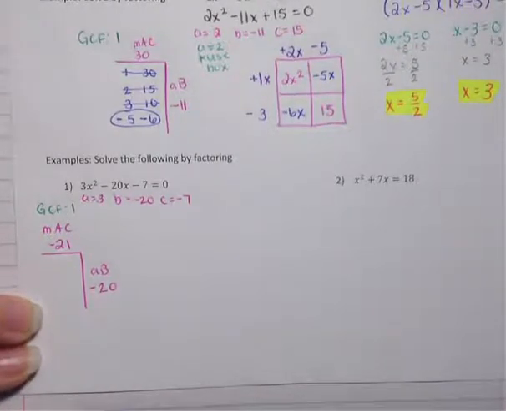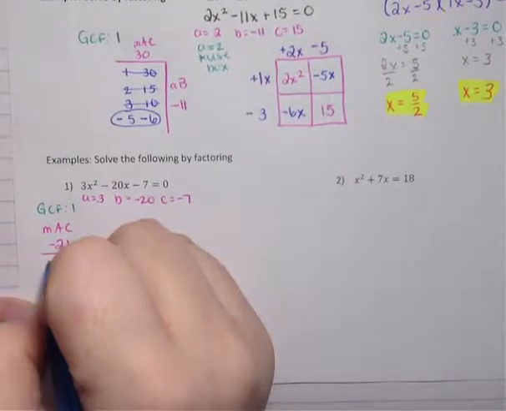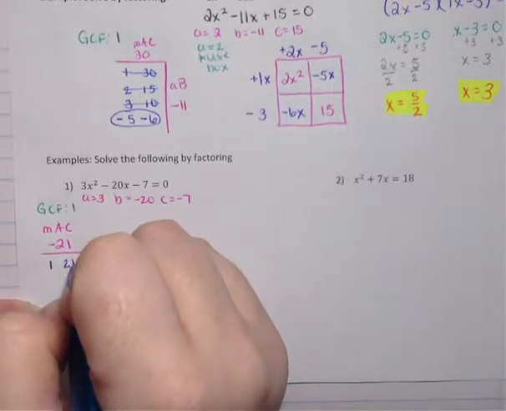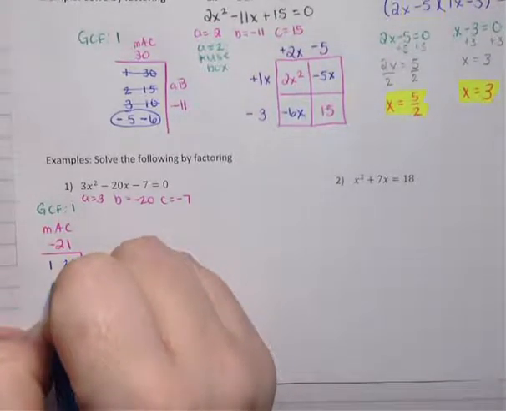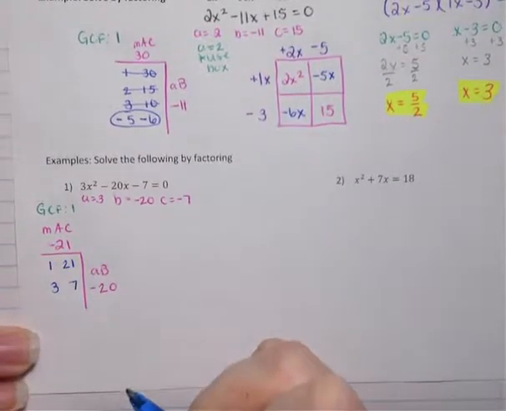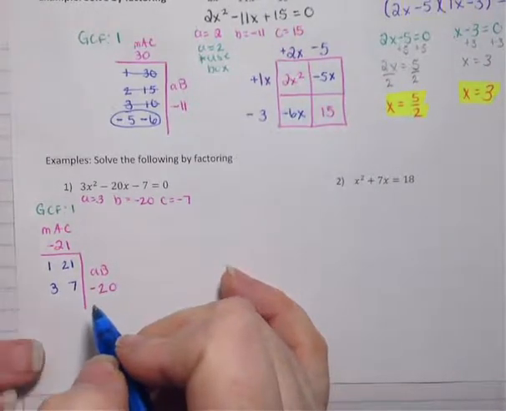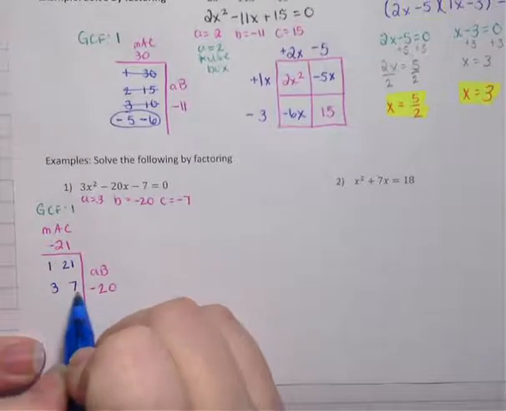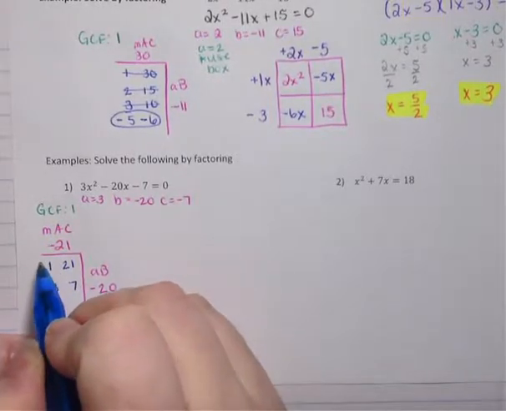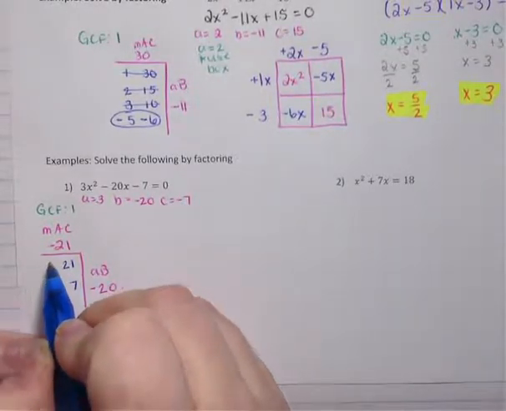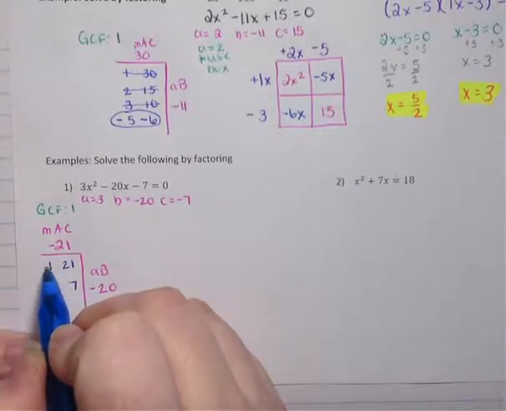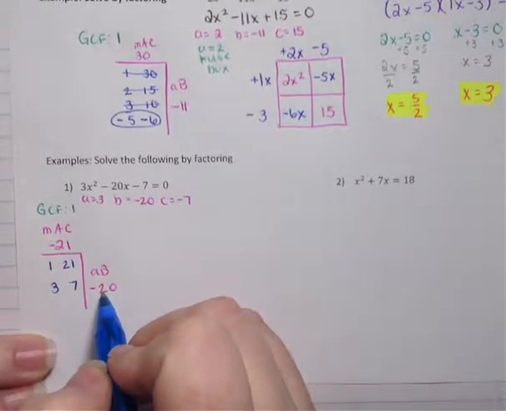We list out the values that will multiply to 21, so that's 1 and 21. 2 does not work, 3 and 7, 4 does not work, 5 does not work, 6 does not work, and then 7 we come back to 3. So then we look to see which ones will give us the 20. I did not use any signs yet because I will focus on the signs to make my negative 20.